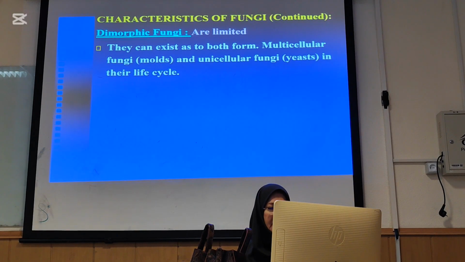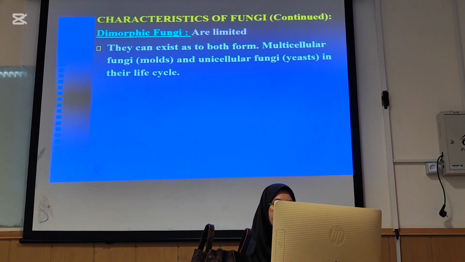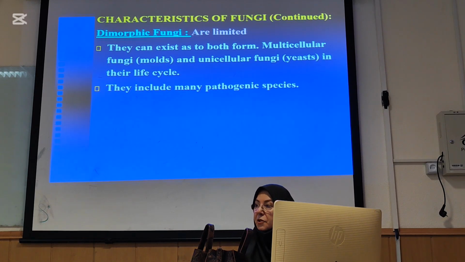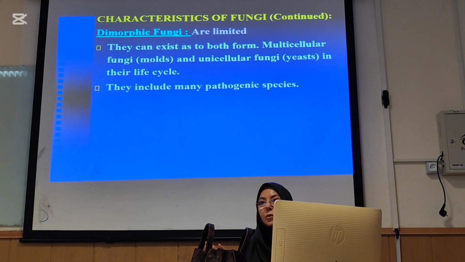So they can exist as both multicellular fungi, molds, and unicellular fungi, yeast, in their life cycle. They include many pathogenic species. All of these groups are pathogenic, but usually they are limited to some geographic regions, for example, in Africa and South, East or Central America.